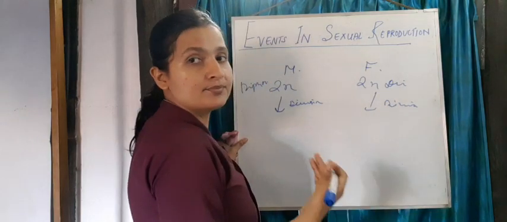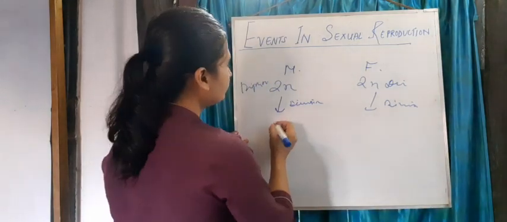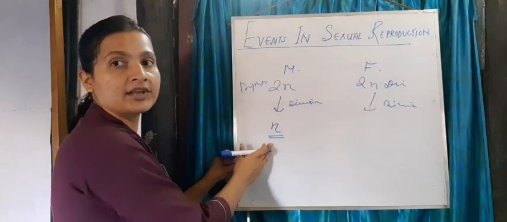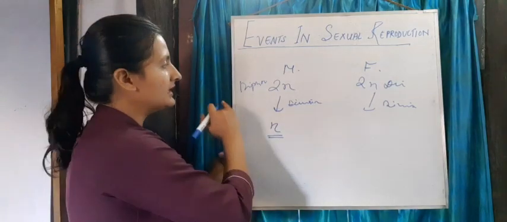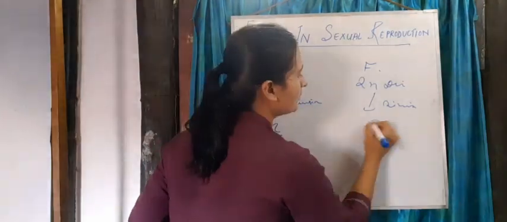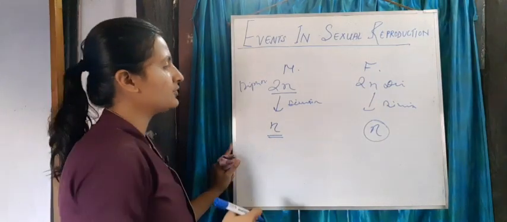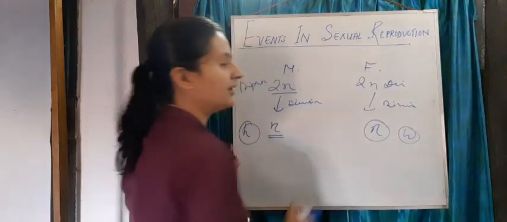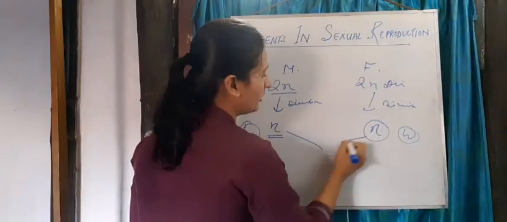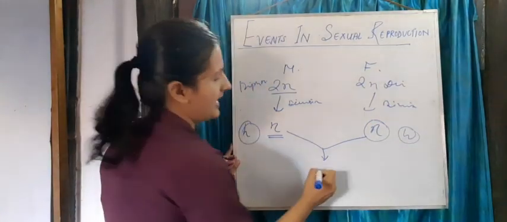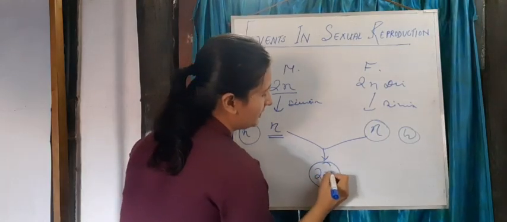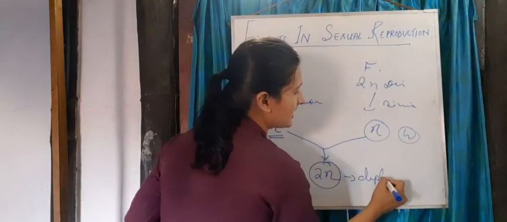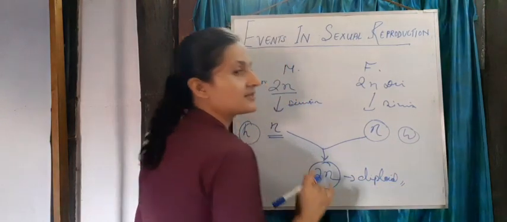How does it take place? By meiosis, meiotically. From here, half of the chromosomes come, it becomes half. During cell division, this becomes half. From here also, half forms. It means what? They are producing haploid gametes, right? Again, these two haploid gametes will fuse, and this offspring will become twice n, meaning it will become diploid again. So this is how cell division takes place.